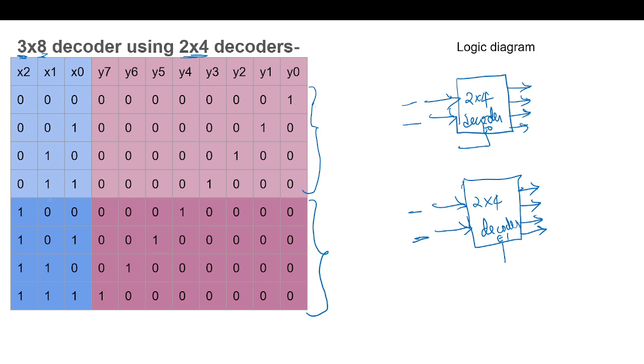So what should be the enable value, E0 or E1? Let us start with this input. What value should I have here and here?